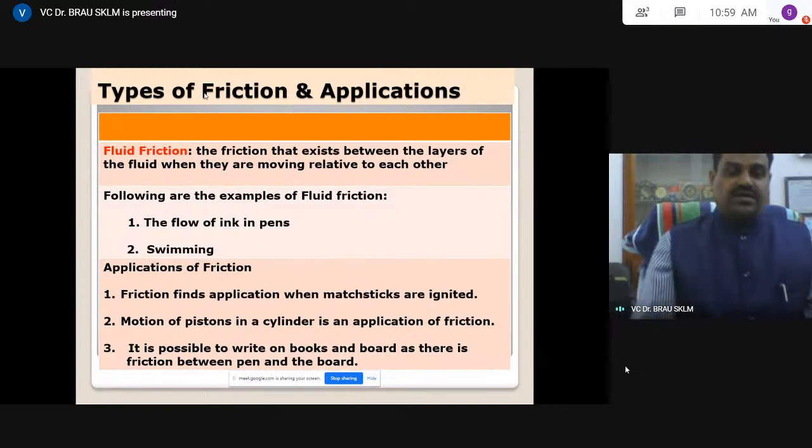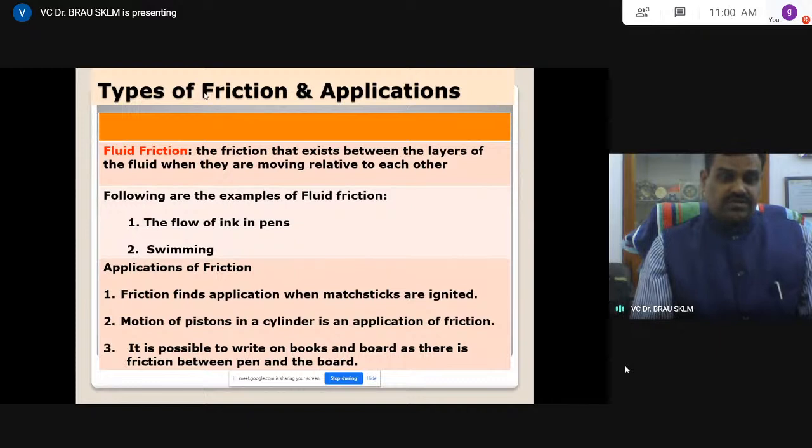Similarly, nowadays we use matchsticks to get a fire. The motion of a piston in a cylinder is an application of friction. It is possible to write on books and boards as there is friction between the pen and the board, or between the chalk piece and the board.